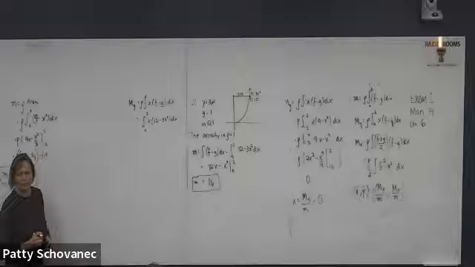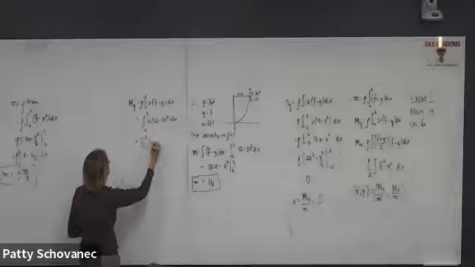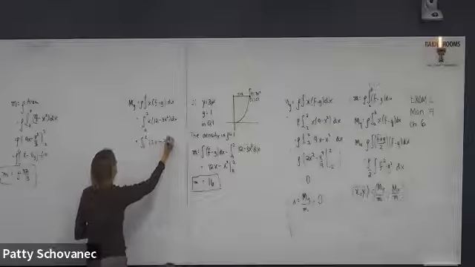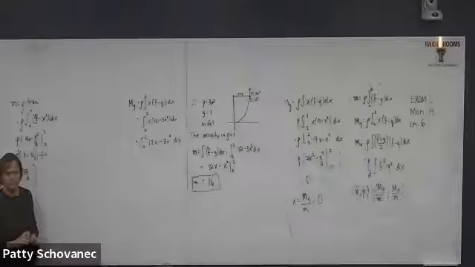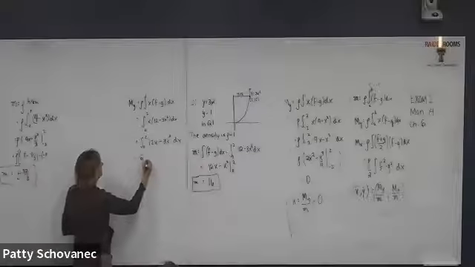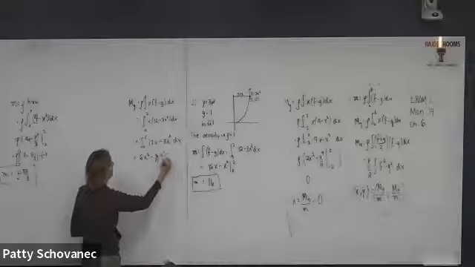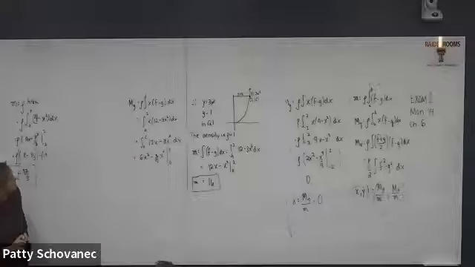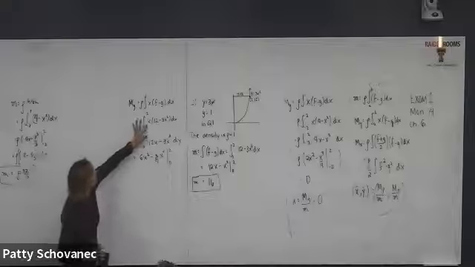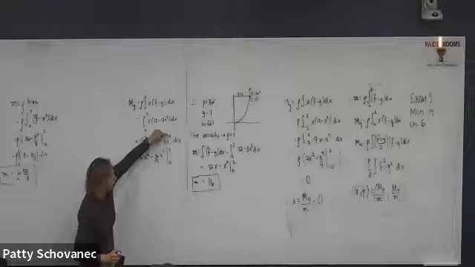We'll send that x into the parentheses, then we can integrate term by term. Integrate 12x and get 6x squared. Integrate 3x cubed and get 3/4 x to the 4th, evaluated from 0 to 2. Yes, sir, 3x cubed instead of x cubed. I'm sending the x through there to get x cubed, and now I'm going to integrate it.